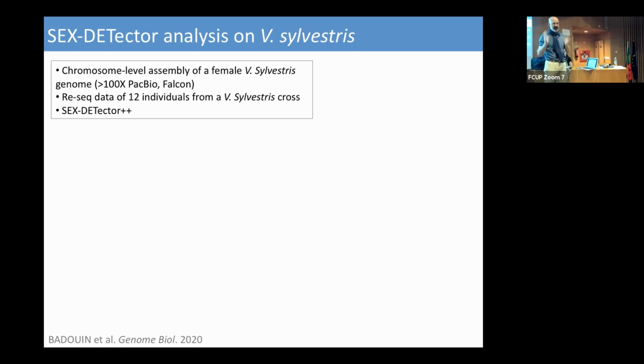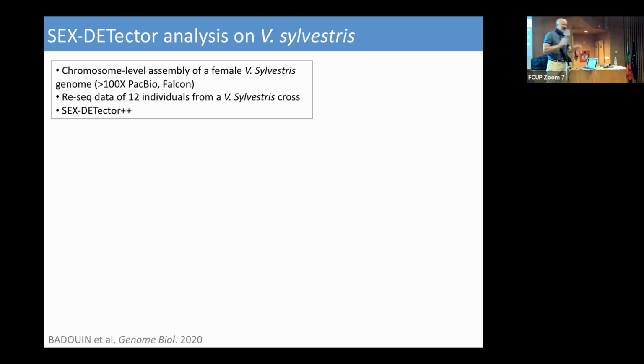We used PacBio technology, more than 100x coverage, and so we got a very high quality genome with a chromosome level assembly. The grapevine genome is not that difficult. It's only 500 megabases, but still, that was not that easy at the time.